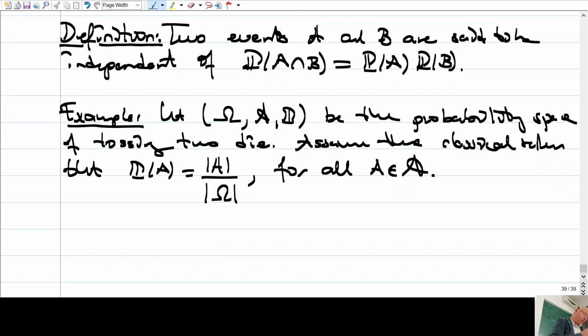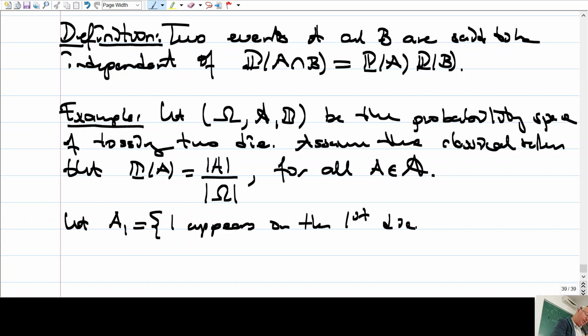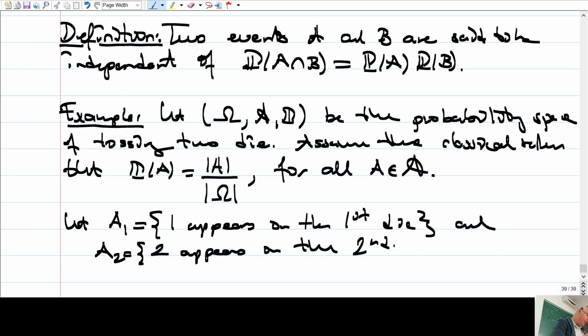Okay, so let us define the following events. Let A1 be the event that 1 appears on the first die, and A2 the event that 2 appears on the second die.